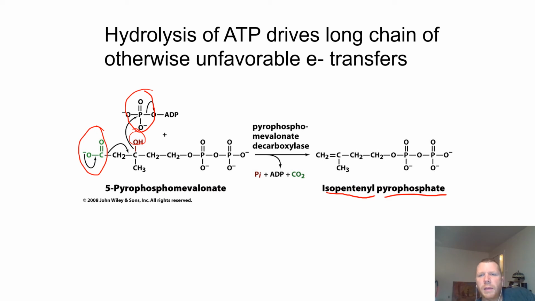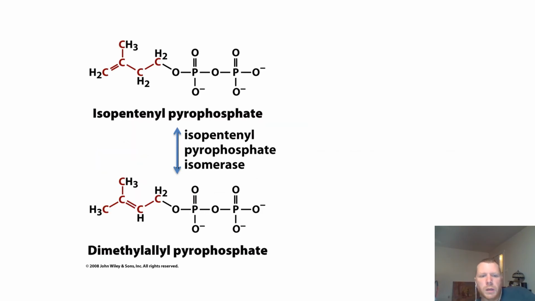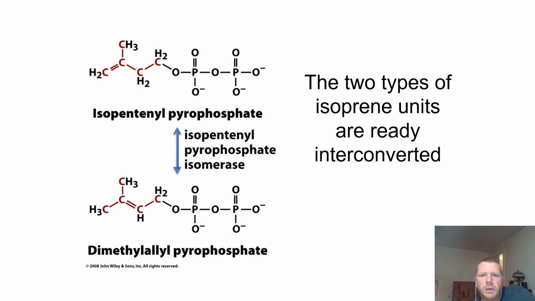Okay, so that IPP is what it's commonly known as. That molecule is our first isoprene unit that we're going to be concerned with. Now, we have IPP, isopentenyl pyrophosphate, that can be isomerized to make dimethylallyl pyrophosphate, or DMAPP.